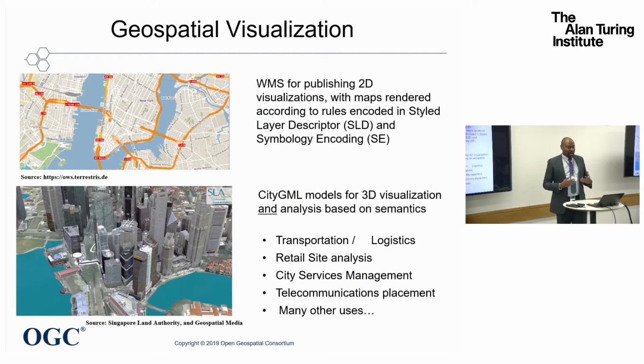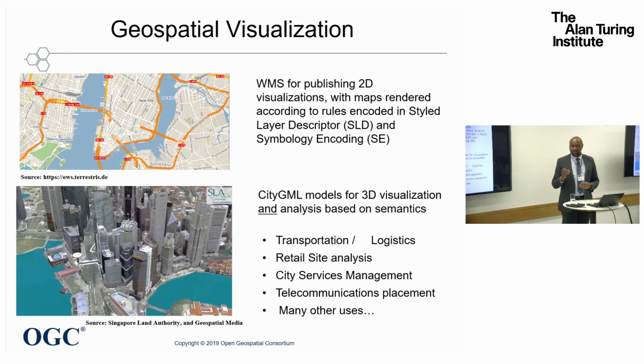Now, in terms of how those maps are communicated outwards, there are a number of standards that have been developed within the OGC to support the publication of visualizations, whether those visualizations are maps or 3D models.